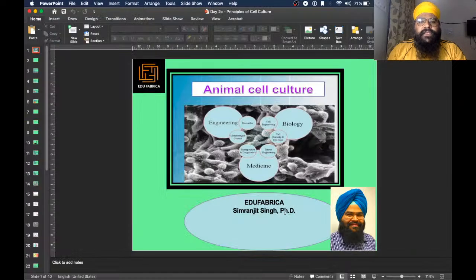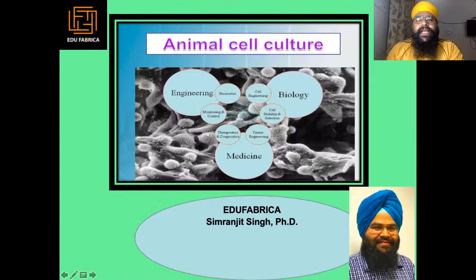So, animal cell culture. In this, you need to take care of the media that you're going to use. Which kind of media, nutrients, antibiotics, and supplements are required to make your animal cell culture work well. Then your cell hood: how it should work, how the incubator should be, and what temperature, pH, and carbon dioxide need to be maintained while working with animal cell culture.